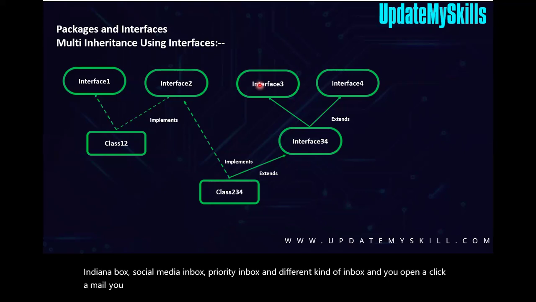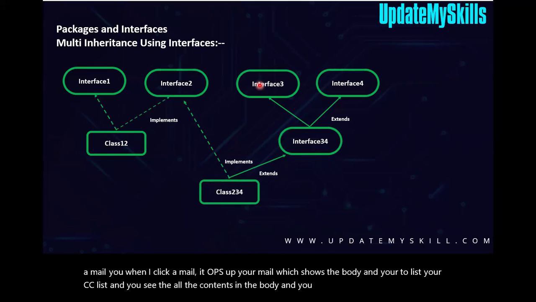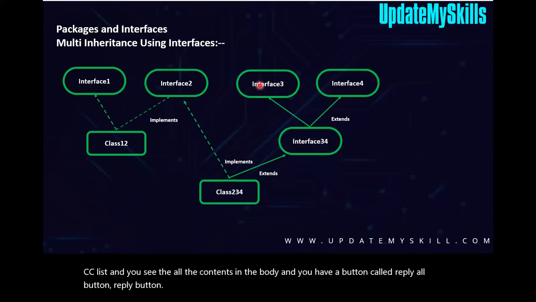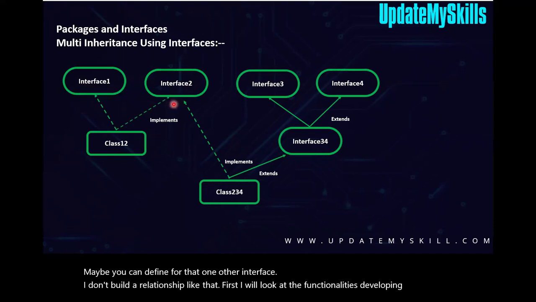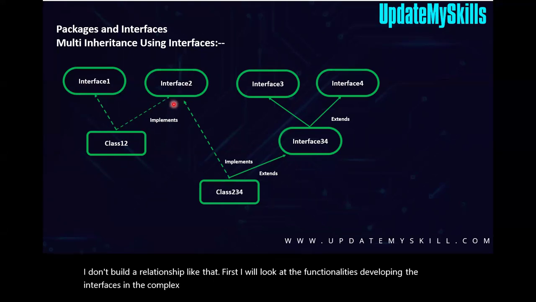When I click a mail, it opens up the mail, which shows the body, your to list, your CC list, all the contents, and buttons like reply and reply all, and a lot of other information. Maybe you can define another interface for that. First, I look at the functionalities and develop the interfaces in a complex programming structure.